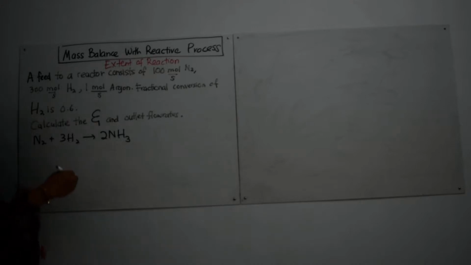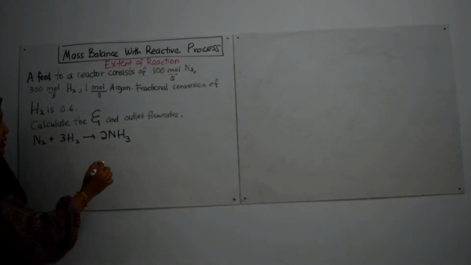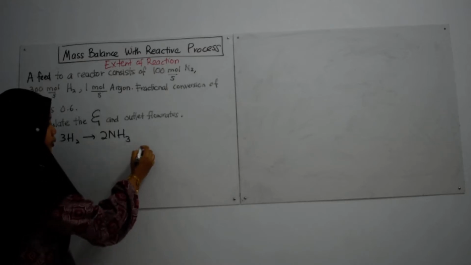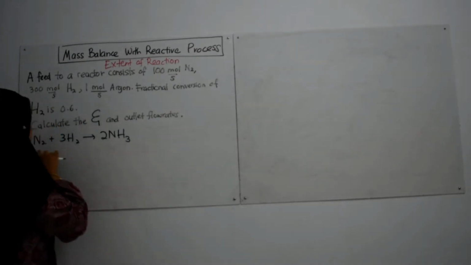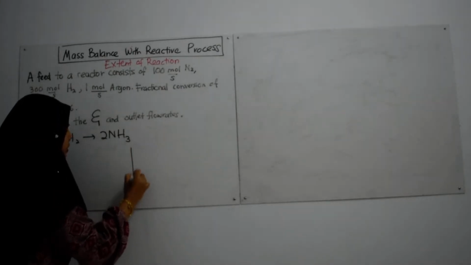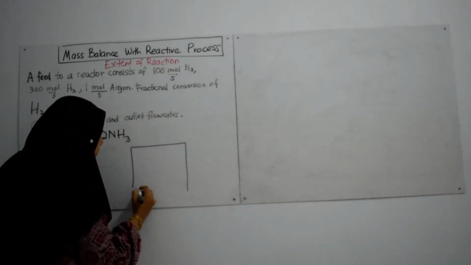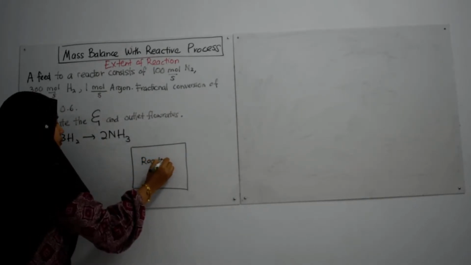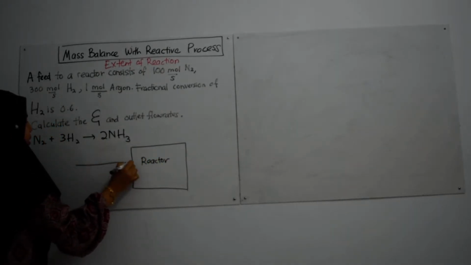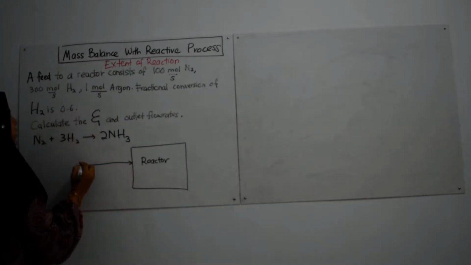Before we go further into the question, let's draw the process flow diagram of this process. Basically you have a reactor. What goes into the reactor?